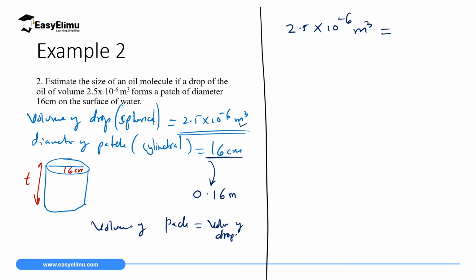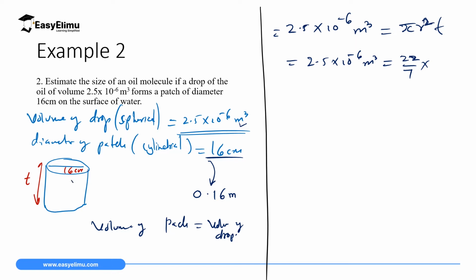And this patch is cylindrical, and therefore its volume can be calculated as pi r squared times T, which is in this case the height or the size of the molecule. Then we can go on and say 2.5 times 10 raised to power -6 cubic meter is the same as 22/7 times the radius of this oil patch squared.